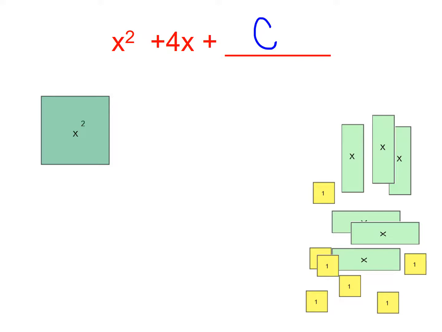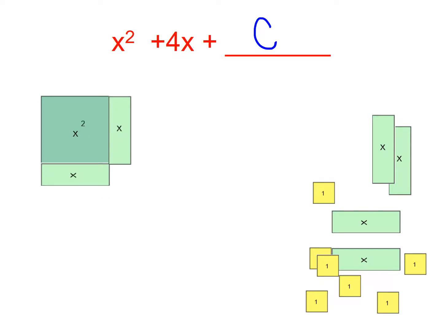And we talked about geometrically how a square has the same length and width. So if we already have a square as a tile that's called X squared, then we're going to add a tile to the right of it, that's an X. We're going to add a tile to the bottom of it, that's also an X. And we're going to add another one and another one so that we have a total of four rectangular X tiles, okay?